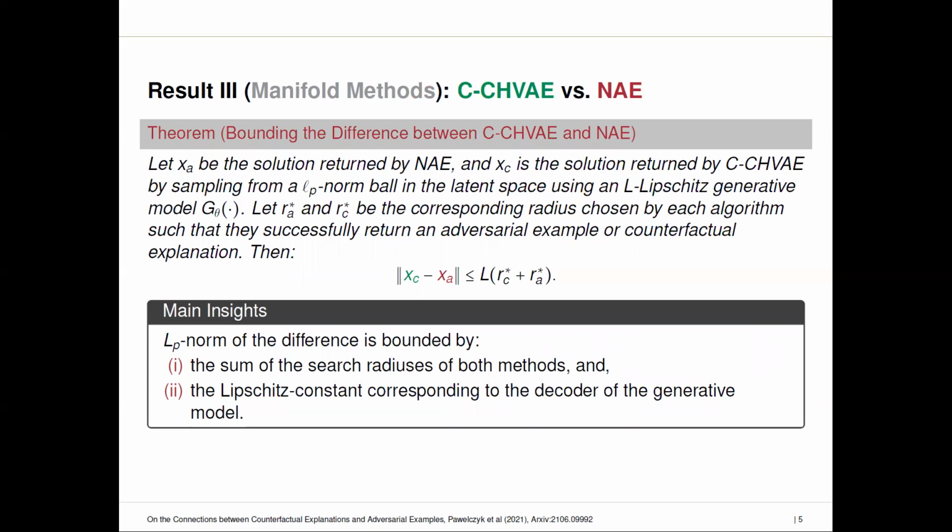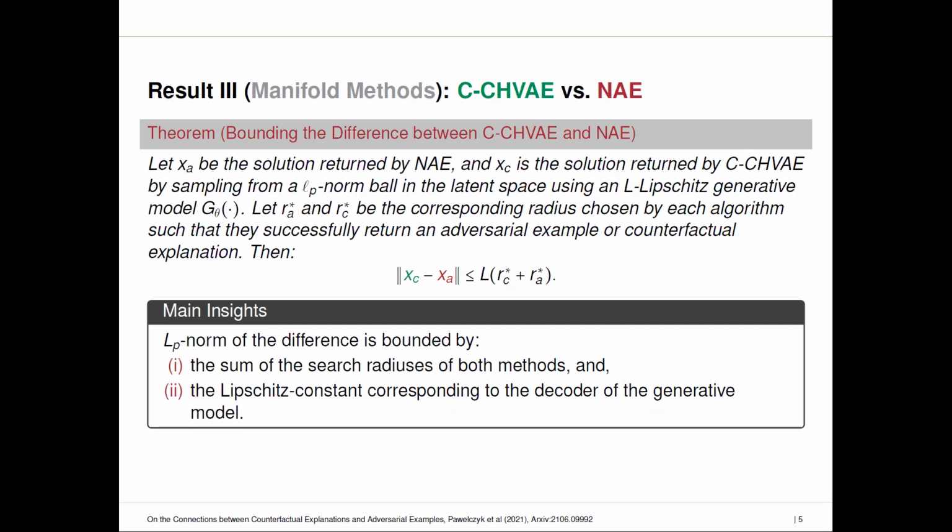Finally, we compare the manifold methods' solutions to one another. Here we compare the solutions given by CCHVAE, proposed by Pawelczyk et al., and the solutions by NAE, which was proposed by Zhao et al. We note that essentially both methods use a lower dimensional latent space Z to conduct a random search for adversarial examples and counterfactual explanations, respectively.